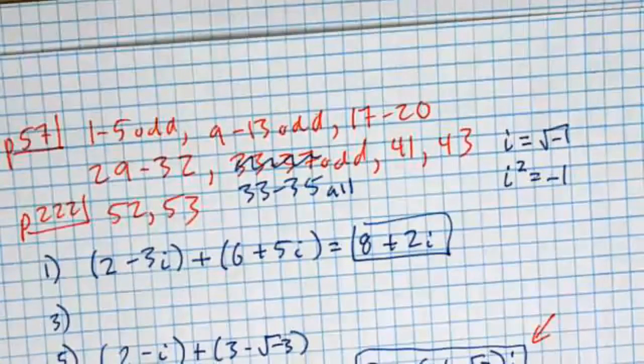We don't need to do 37. That's nasty just for the sake of being nasty. So instead of 33 to 37 odd, just do 33 to 35 all. It's the same number of problems. I traded a nasty one for a pretty friendly one. Thank you, folks.